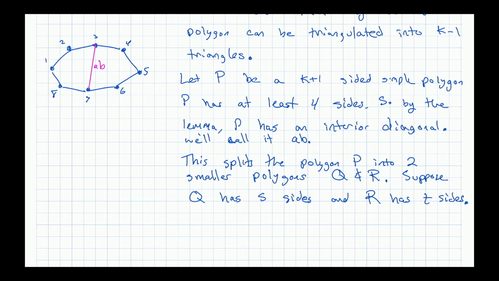And so the idea, just based on the picture that I've got here, is that of the two polygons, one of them has AB here, and then you've got that. And so that's your Q. And then the other one also has AB as one of its sides.